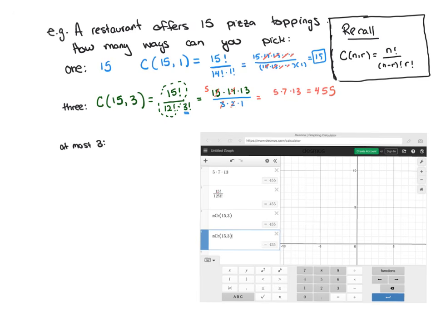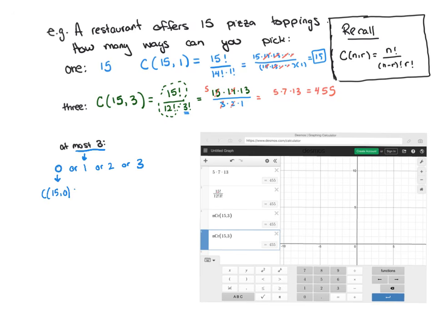Okay, so now let's say we want to do at most 3. First, we have to unpack what at most 3 means. It means 0, or 1, or 2, or 3. So the biggest it's allowed to be is 3. So then I could say the number of ways to choose 0 toppings, that's C15 0.